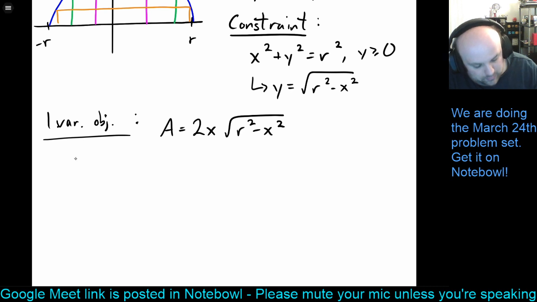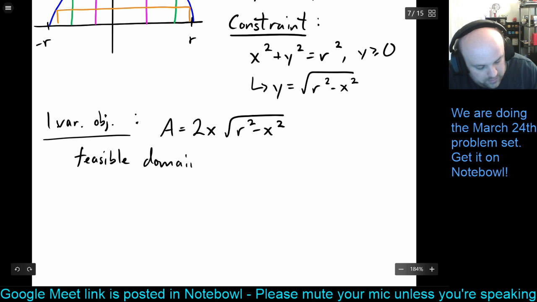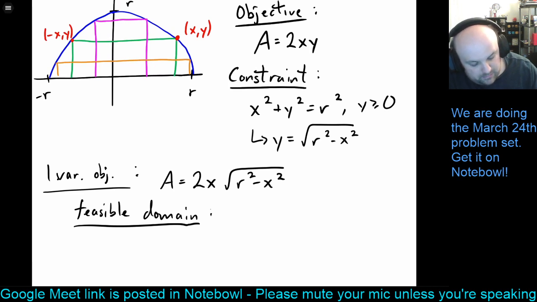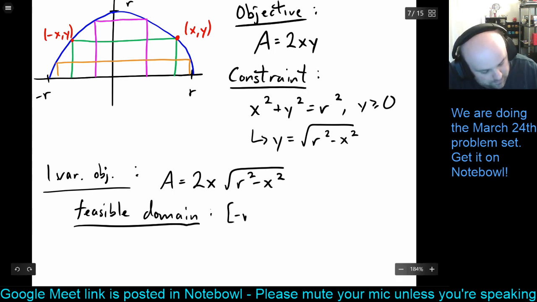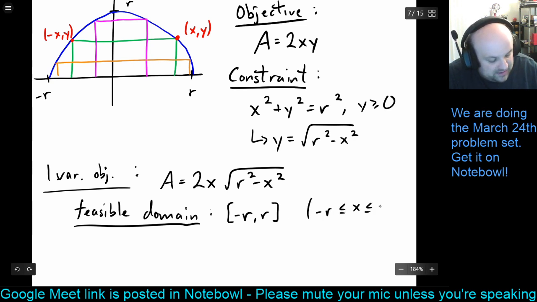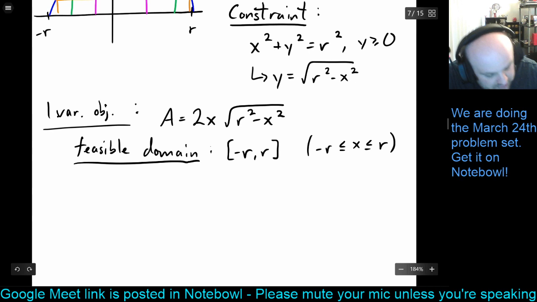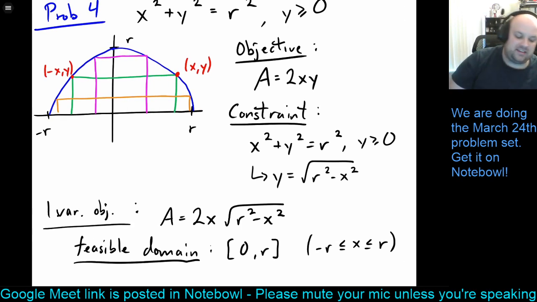Now for the feasible domain, the better feasible domain is that x can go from minus r all the way around to r. Let me emphasize that this feasible domain is for x. Oh, sorry. x doesn't go from minus r to r. x goes from 0 to r, because remember, we're only considering this x starting here and going to r.